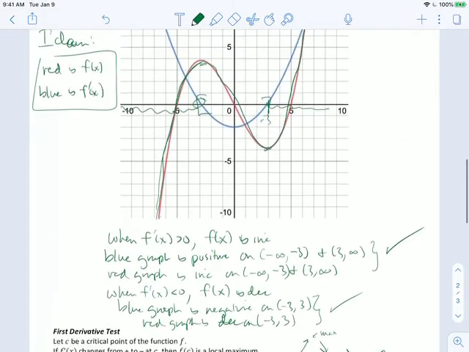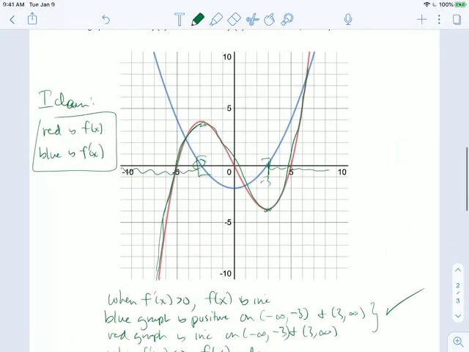We can see that in this diagram up here. I'm going to erase a little bit. So here at -3, the derivative is going from positive to negative, and I've got a local max here.